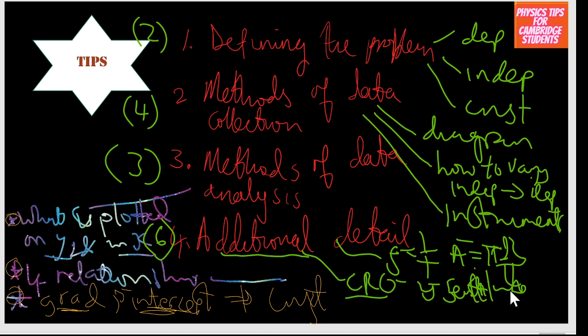So the first thing that you need to do when you get the paper, or when you read through the question, I did another video on this, is read the question twice so that you can understand what is going on. As you read, you annotate on the question paper to show which one is the dependent and independent variable and the one that is supposed to be kept constant.